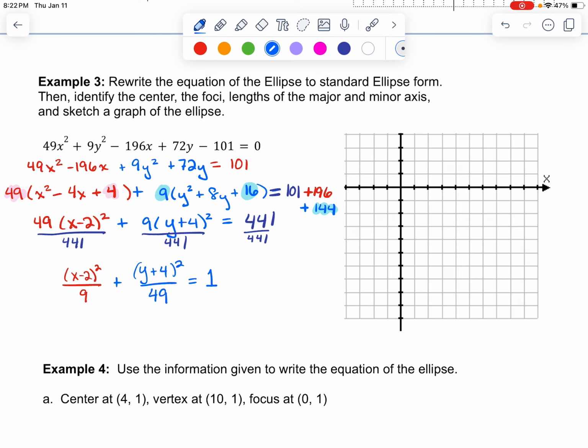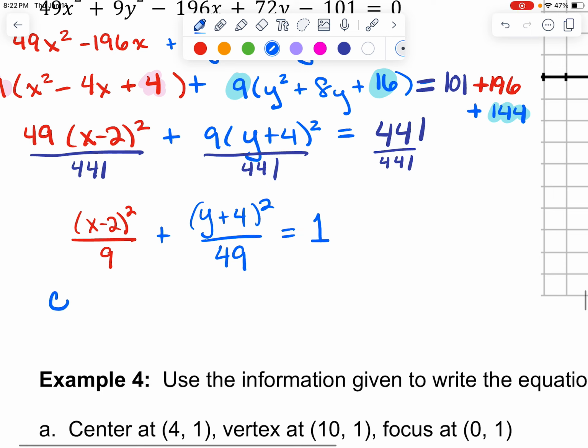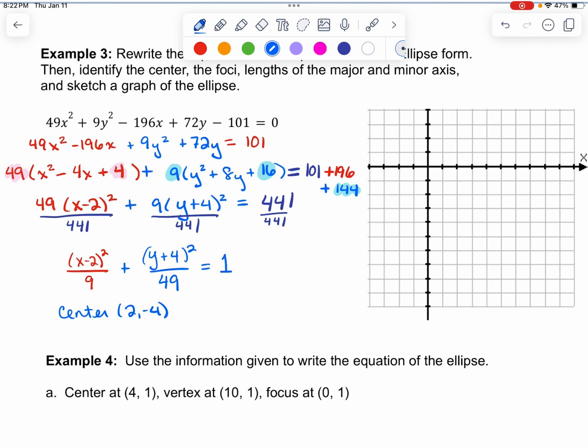Here we go. So my center is located at 2, -4. And I like to label my stuff off to the side. So center, 2, -4. With the x values, the denominator of 9 tells us that we move left and right 3 units. This is smaller than what's with the y values.